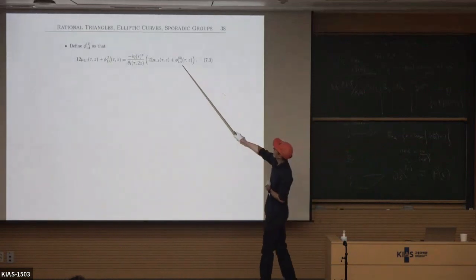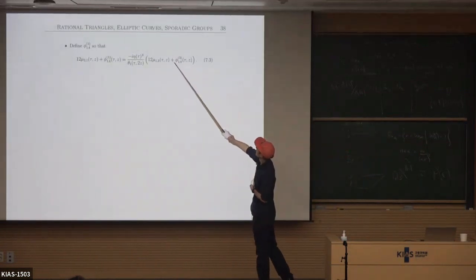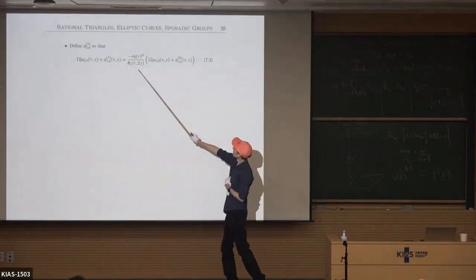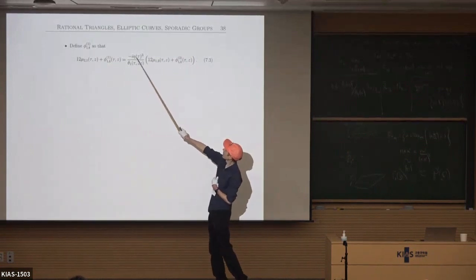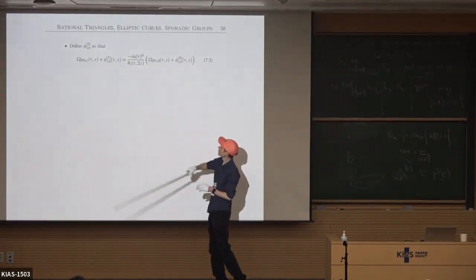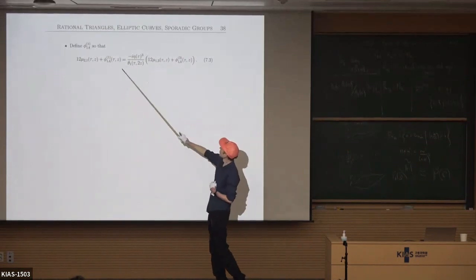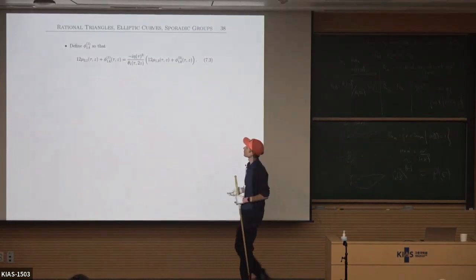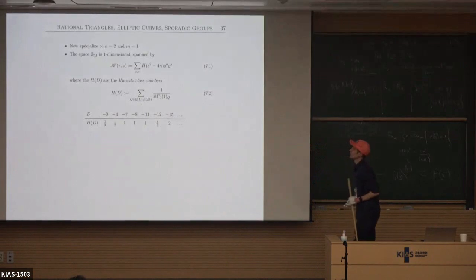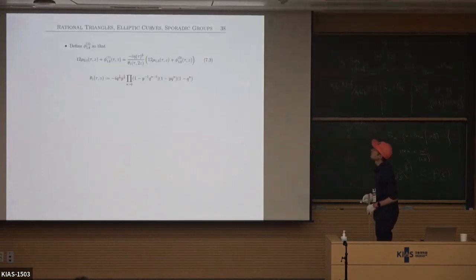Now, here is the mock Jacobi form attached to Gamma0(3) and M12, and this mu and this theta and this eta are all completely concretely defined things. So what I'm doing here is defining a new mock Jacobi form phi 1.